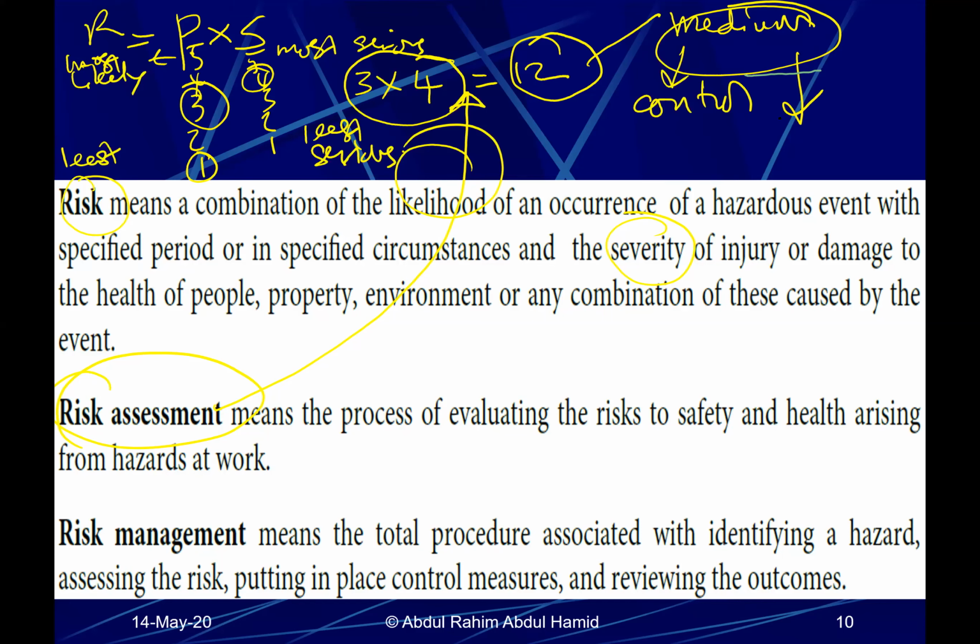You want to make it low. So this is what we call risk control. HIRAC is the combination of hazard identification, risk assessment, and risk control. So you did that as the whole process.